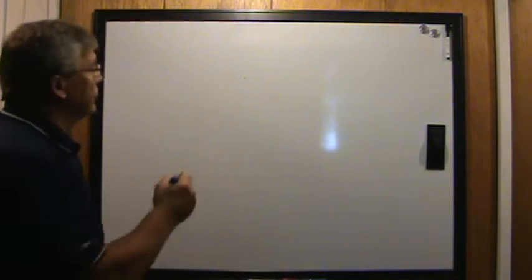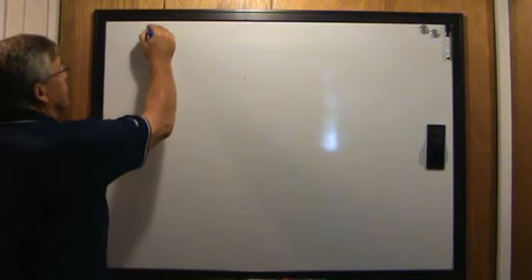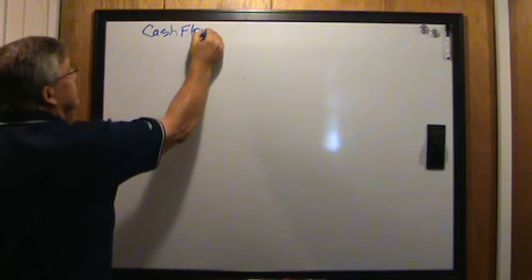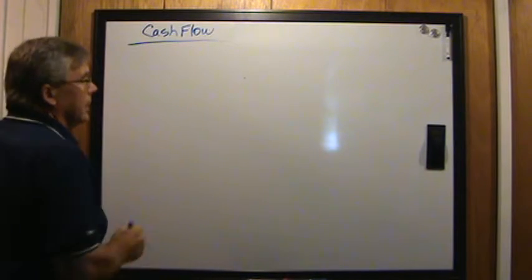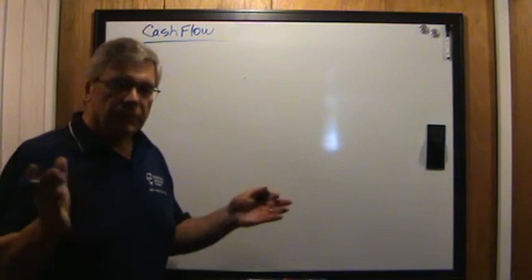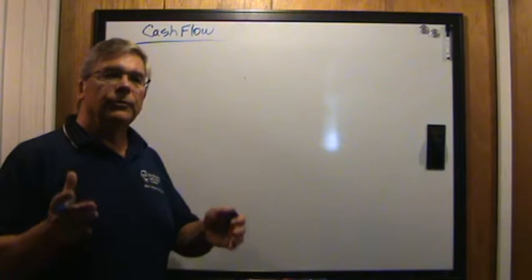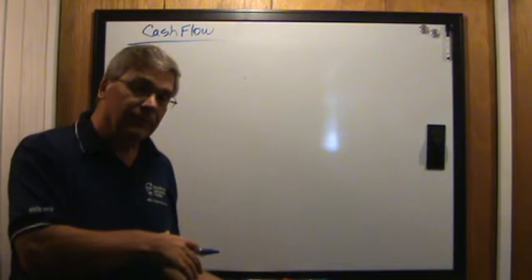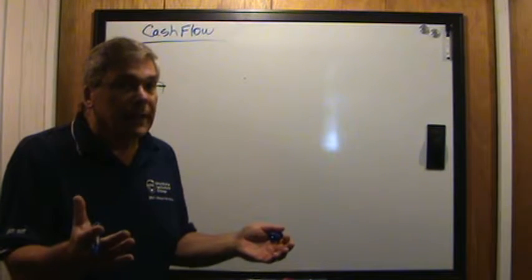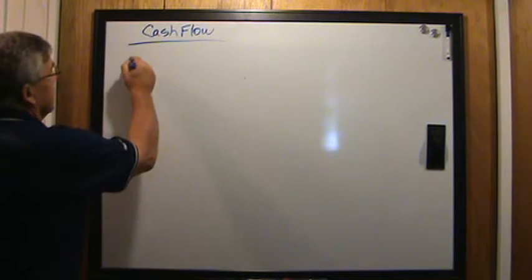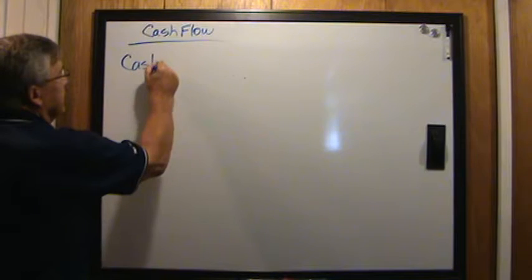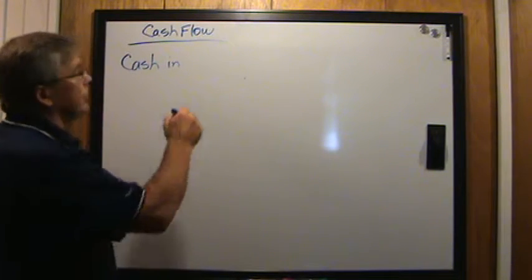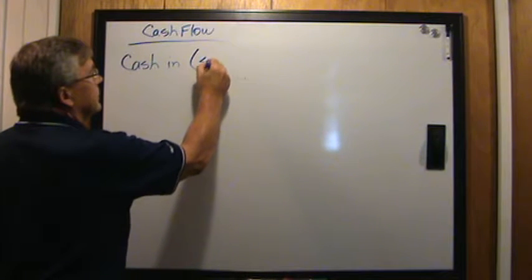As mentioned, we're going to start with the cash flow statement. Cash flow is exactly what it says. It traces the flow of cash into the business and out of the business. Okay? And that's how we set it up. We talk about the cash in, sometimes more formally referred to as sources of cash.